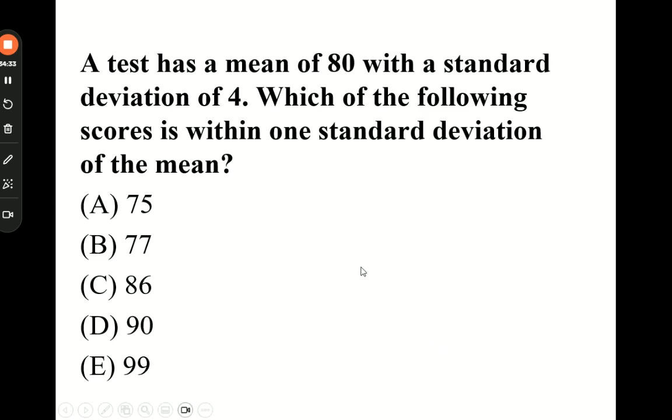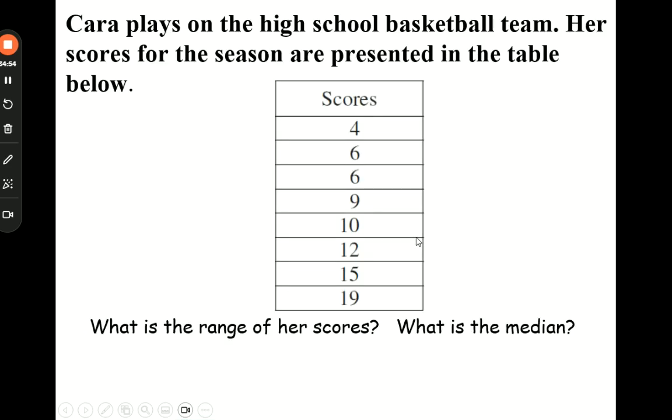So the answer is, boom, standard deviation of 4, so 1 standard deviation below would be 76. 1 standard deviation above would be 84. So your answer had to be within that range. Sorry if I'm going too fast. I'm sorry. All right.